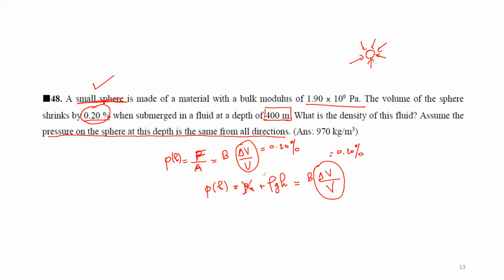It's just due to the rho gH. Good. So the density will be B delta V divided by V, divided by gH. And you calculate it and you get your answer.